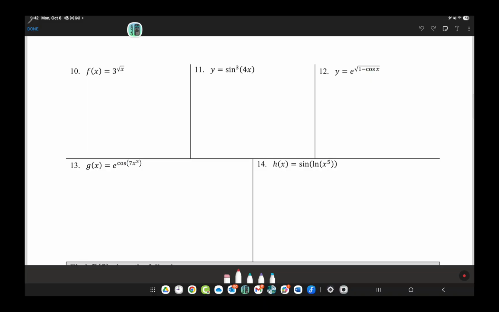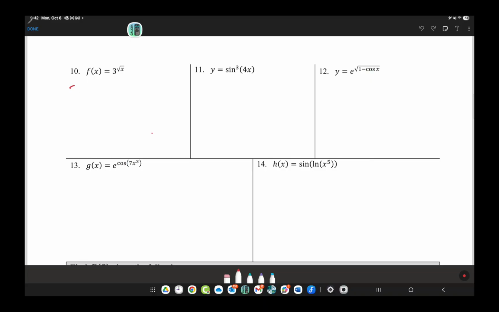All right, so for this, what is the derivative of an exponential function?